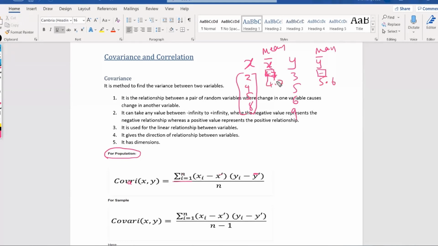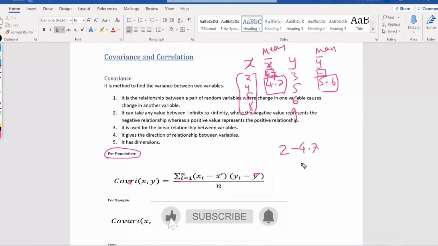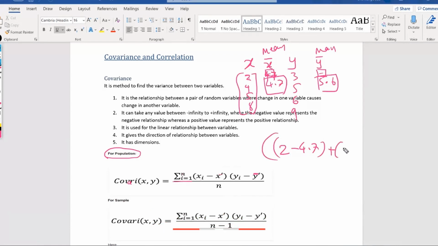If I keep this, guys, in this formula, xi is the very first point, 2 minus 4.7, right? Then obviously it's a plus, again 4 minus 4.7 plus 5 minus 4.7 plus 8 minus 4.7.